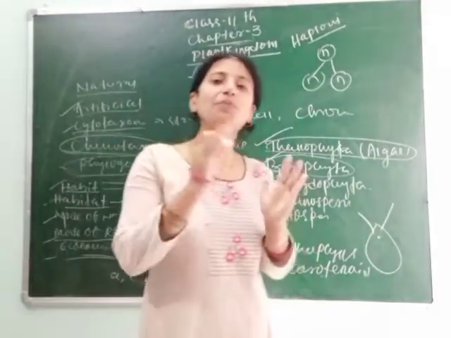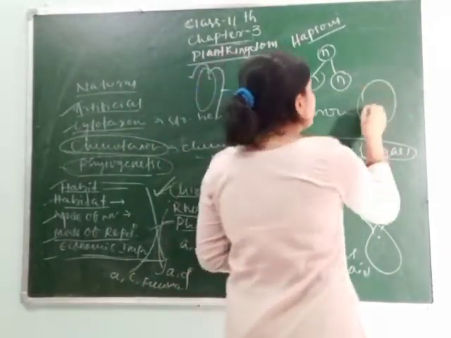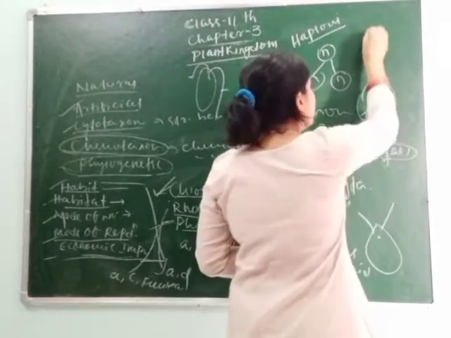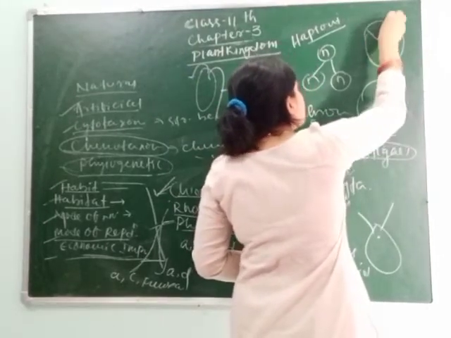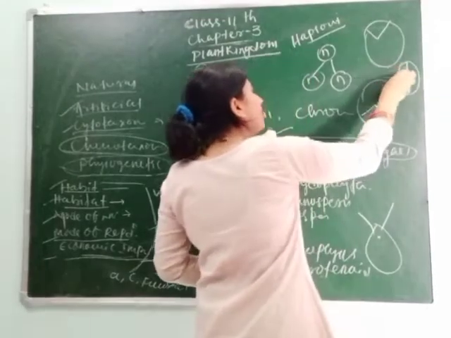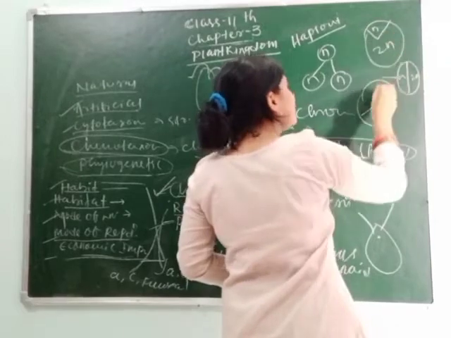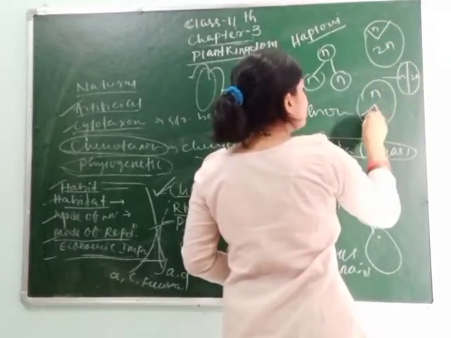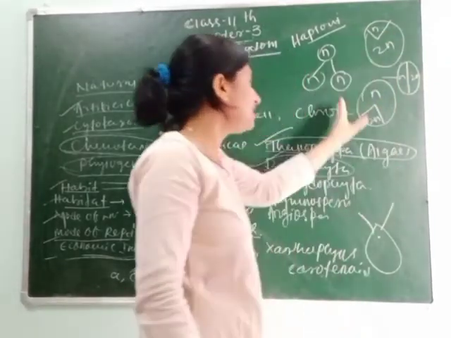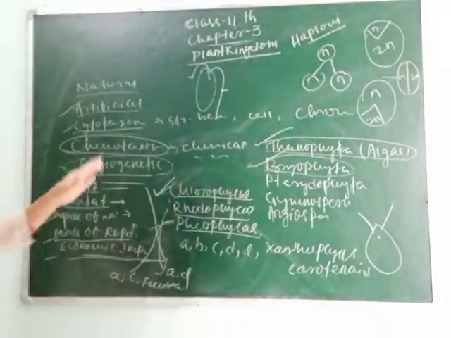If it shows haplodiplontic, it means half of the time is haplontic and half is diplontic. Half is N phase, half is 2N phase. So in these 3 types of life cycles you can see in the species of algae.